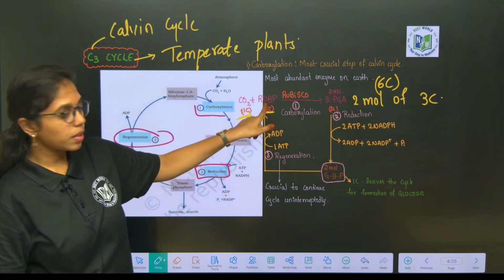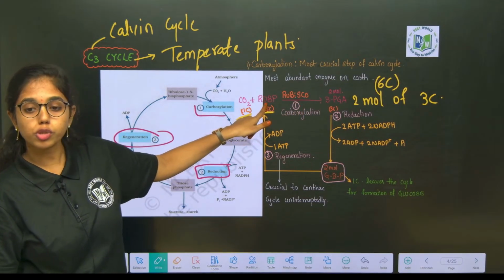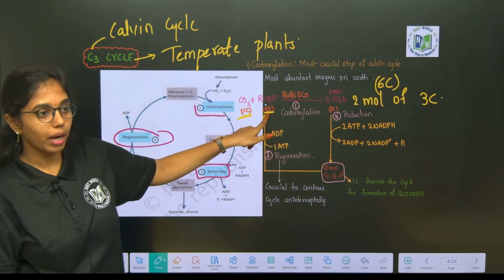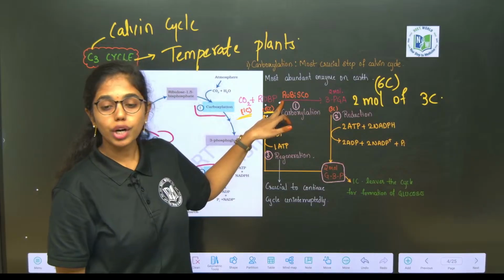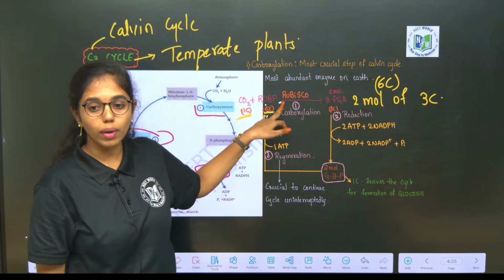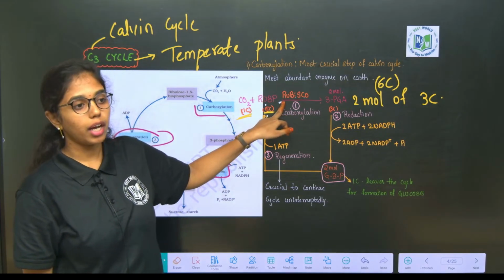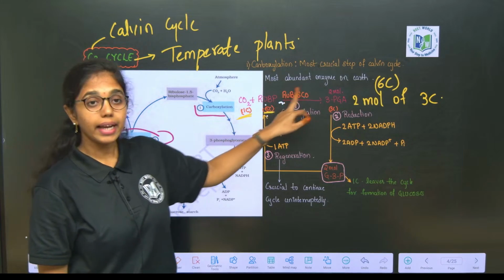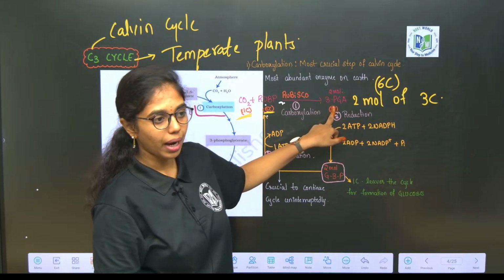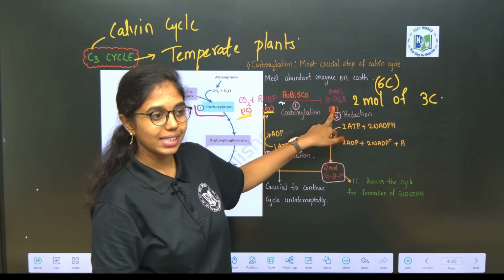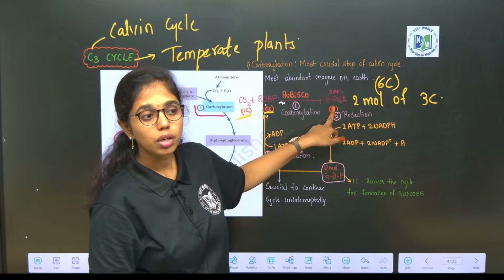The primary acceptor is RuBP, ribulose bisphosphate, which is a 5-carbon compound. This is catalyzed by RuBisCO, the world's most abundant enzyme, which has equal affinity to bind with carbon dioxide and oxygen. Then the first stable intermediate formed is a 3-carbon compound, that is 3-phosphoglyceric acid. How many molecules? 2 molecules.